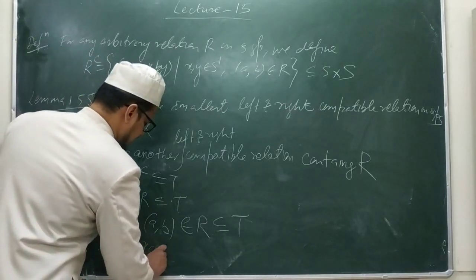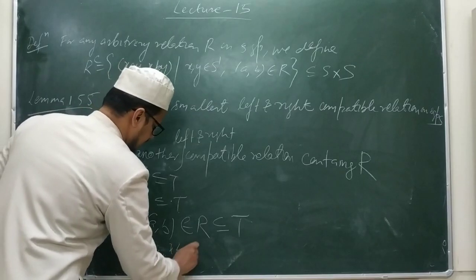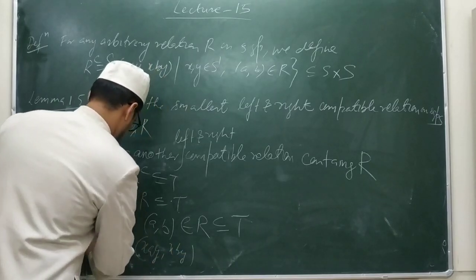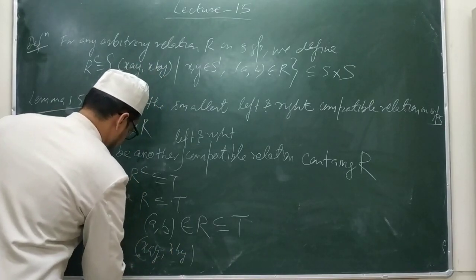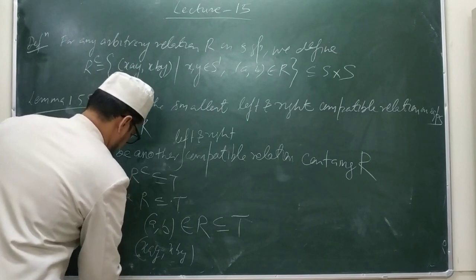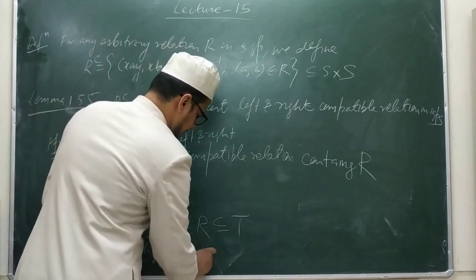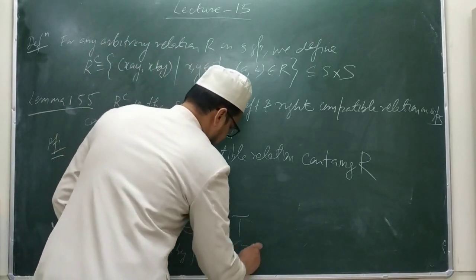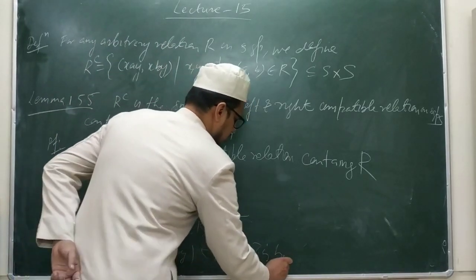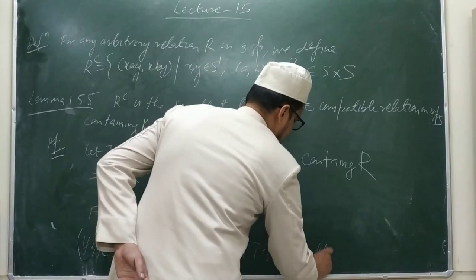Then XAY, XBY for every X, Y belonging to S1 goes in T, since T is both left and right compatible.